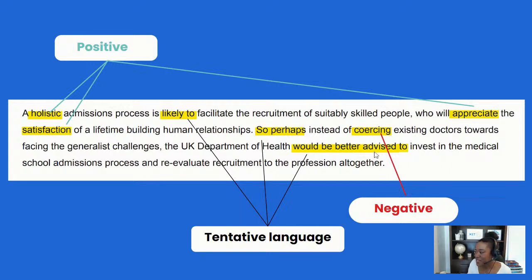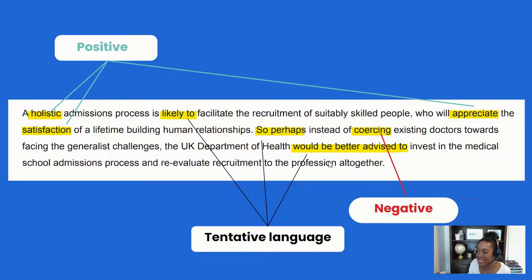Okay, so they're doing the wrong thing, he's suggesting, by coercing, making existing doctors face general challenges. And instead, they should do something different. So their initial approach has been misguided. Okay, it has been incorrect.